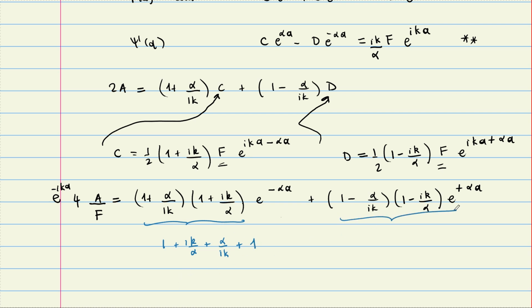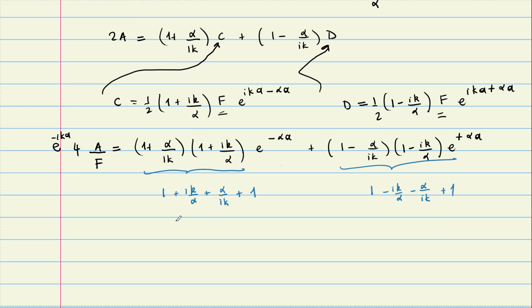And similarly here, so this is 1 minus ik over alpha minus alpha over ik. So minus minus plus, i's cancel, k's cancel, alpha cancel, this is also 1. So let me write this and let's see what we can do with this.